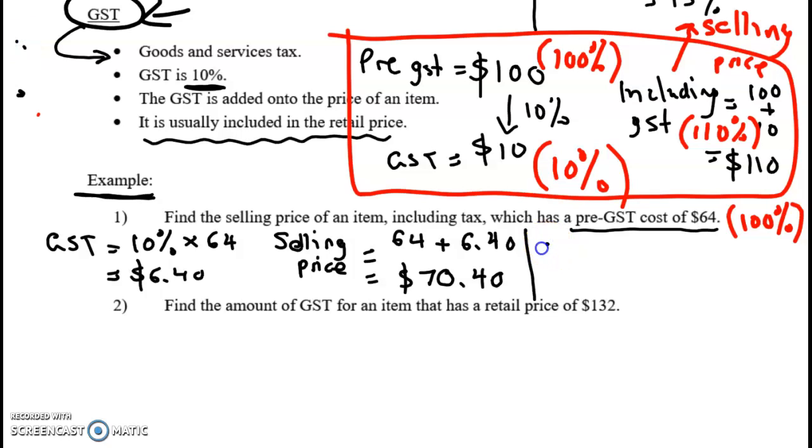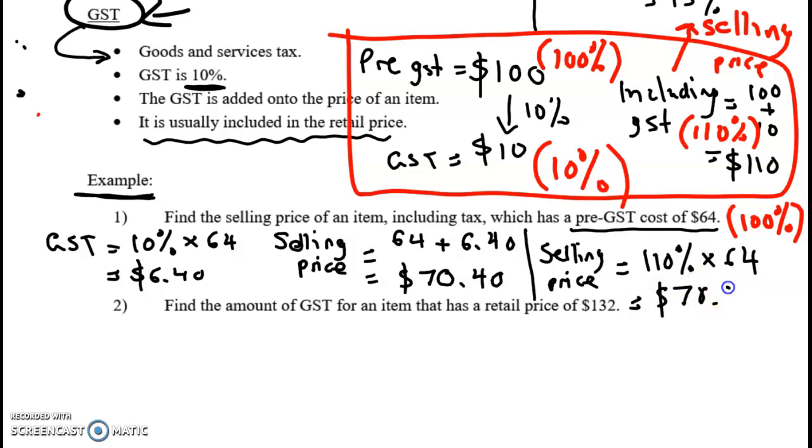So the selling price is literally just equal to 110% times 64, which equals $70.40. So you can see how that's a bit quicker if we have that understanding there.